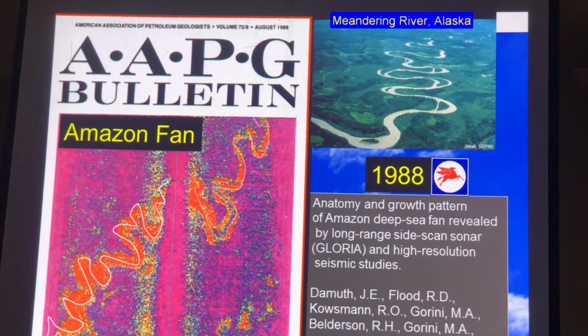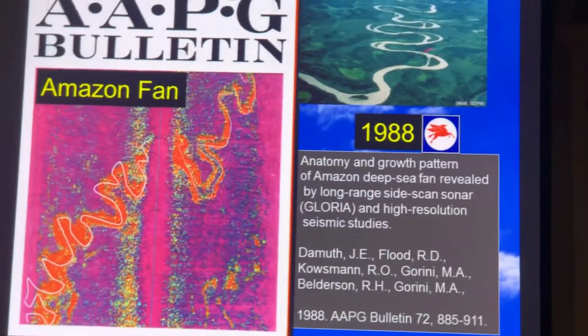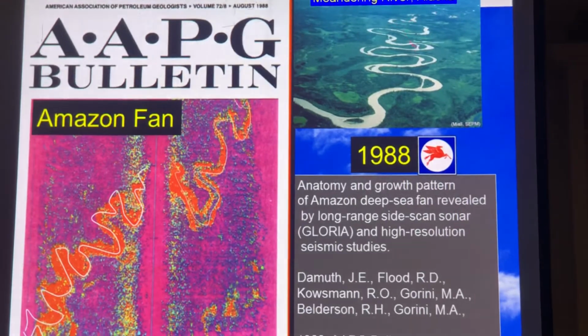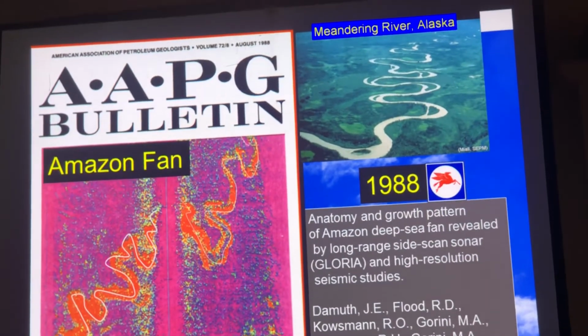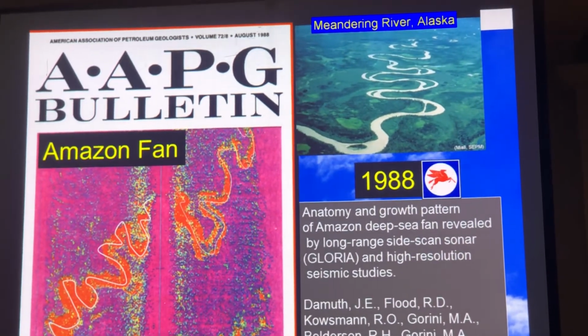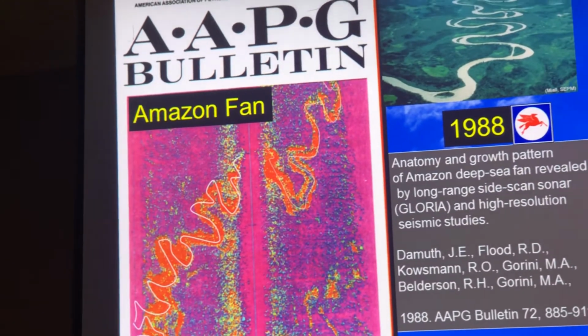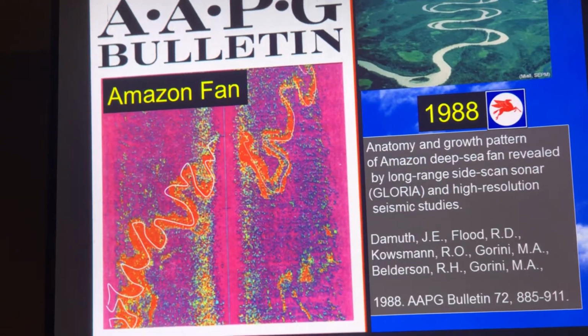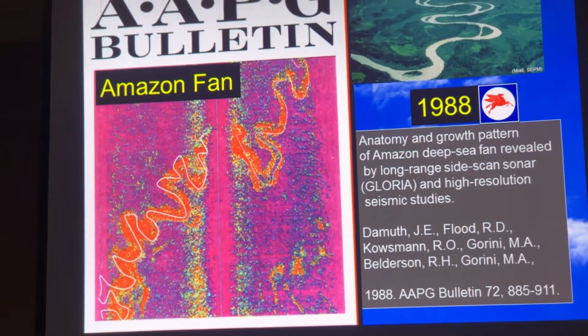When you look at a meandering channel in Alaska, it shows pretty much the same thing. This is on the land, this is underwater. Does it mean the same process operated underwater? These are the questions this publication raised. And that showed how complicated deep water sedimentation is.